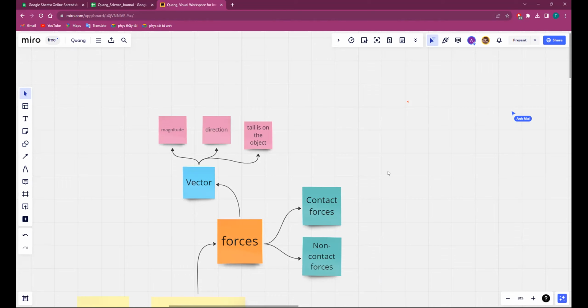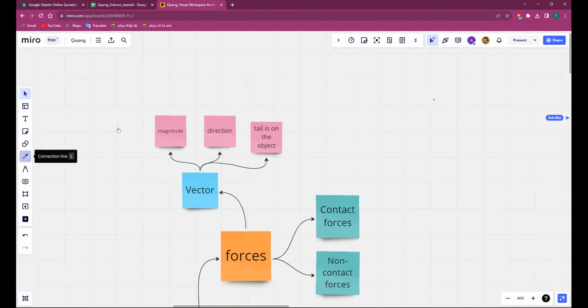So magnitudes, it's going to have two more.